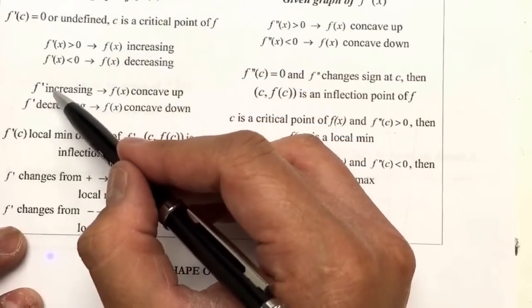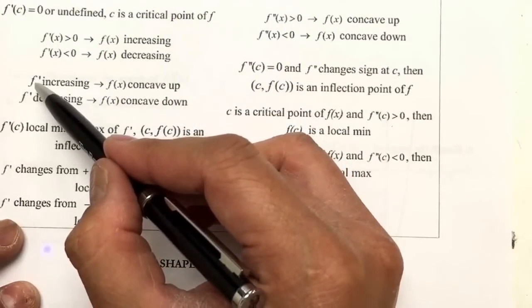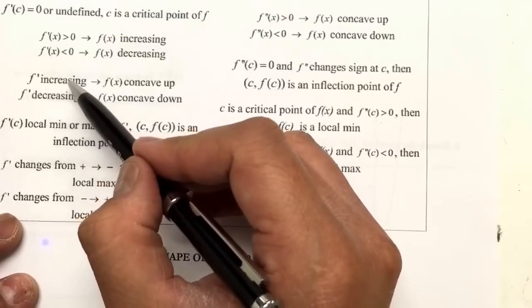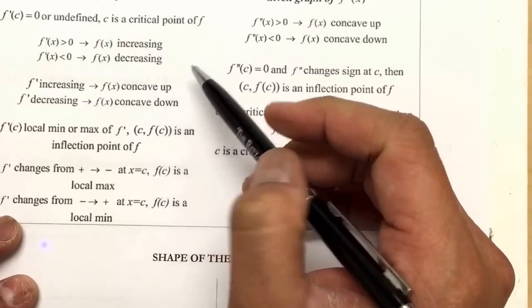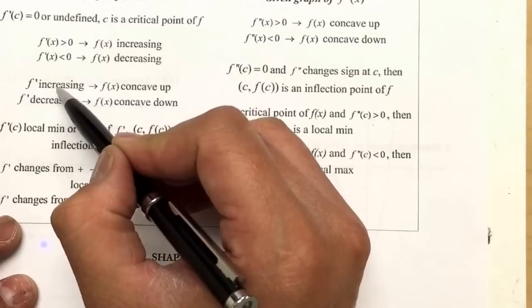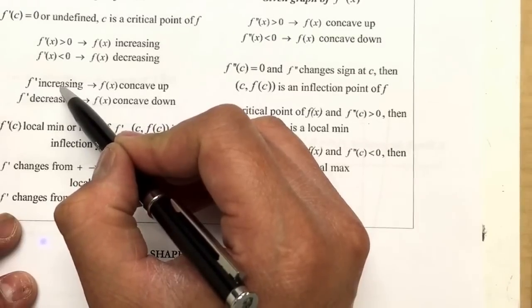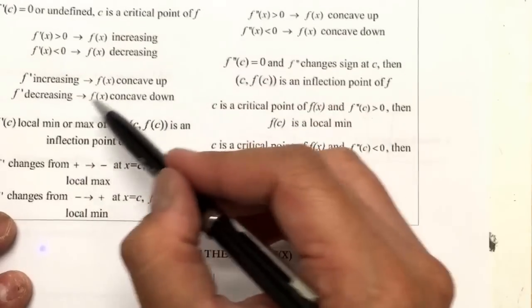In addition, if the first derivative function is increasing, then the graph is concaving up, because where the first derivative is increasing, that's where the second derivative is positive, and vice versa.